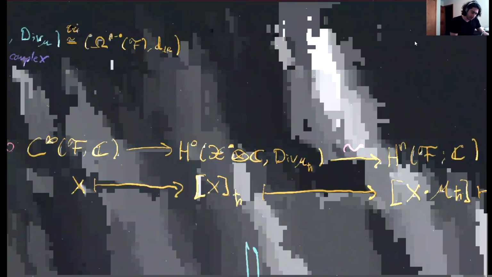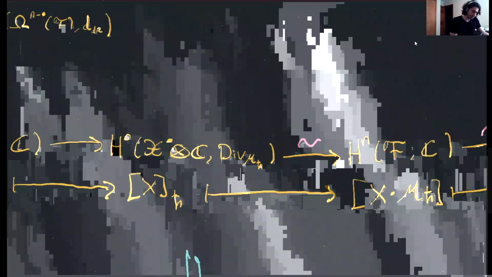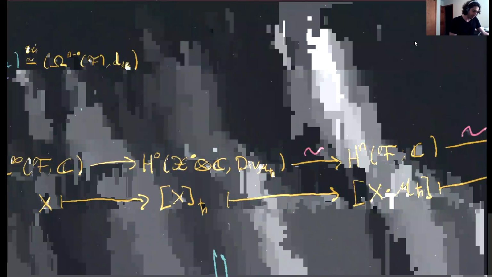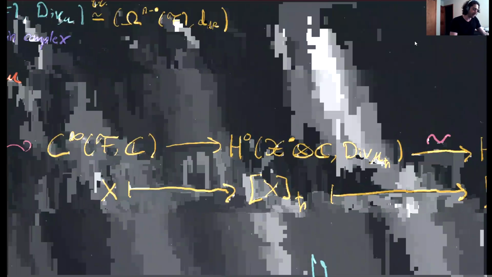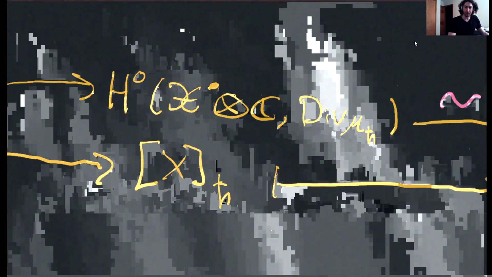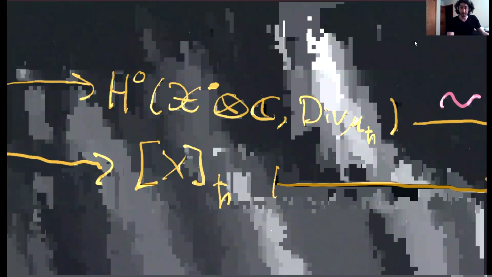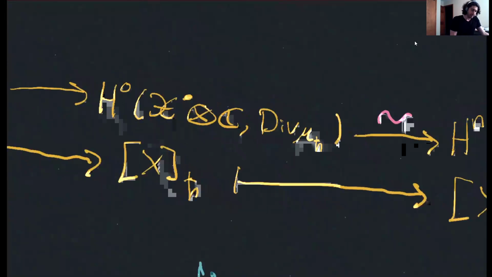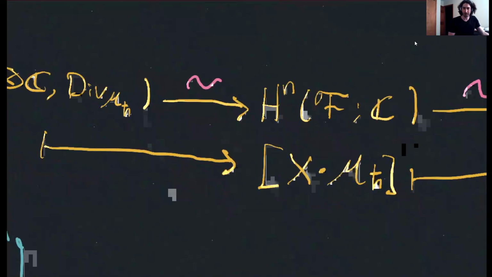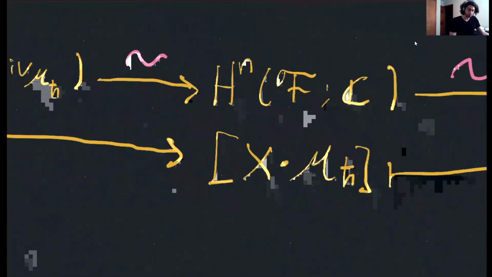Sorry, it's H0 of the divergence complex using multi-vector fields. Now I can identify that with Hn by contraction with the volume form, okay?